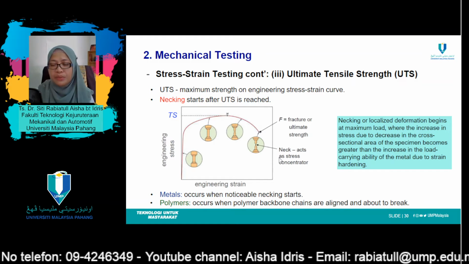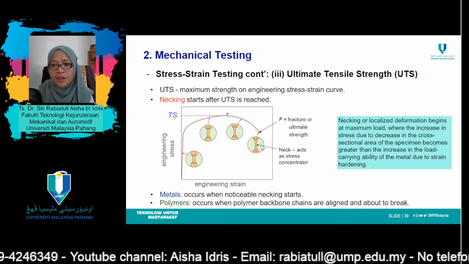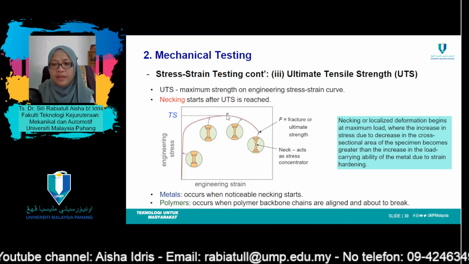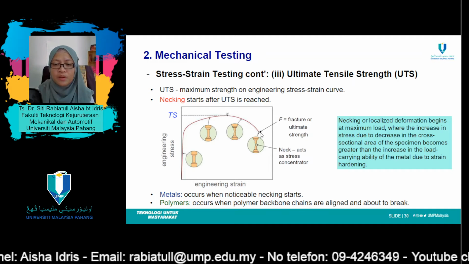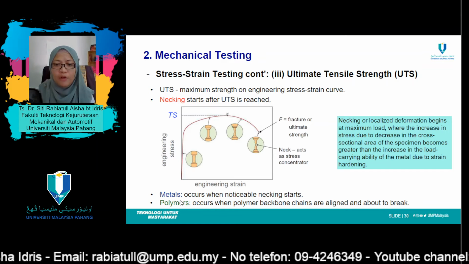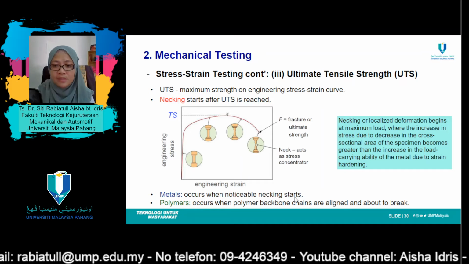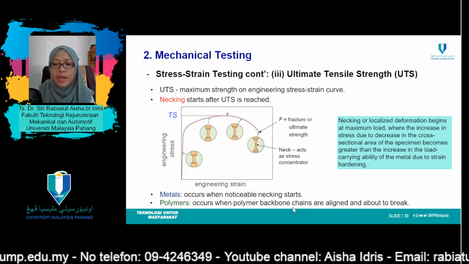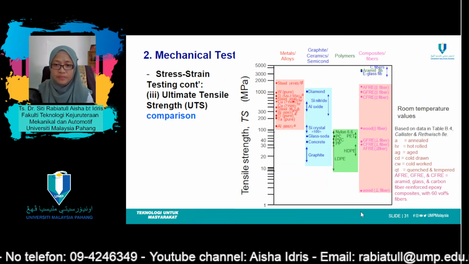And number 3 is ultimate tensile strength, or UTS. After this point, necking starts to occur until it reaches fracture. For metal, UTS occurs when noticeable necking starts, whereas for polymers, UTS occurs when the polymer backbone chains are aligned and about to break.